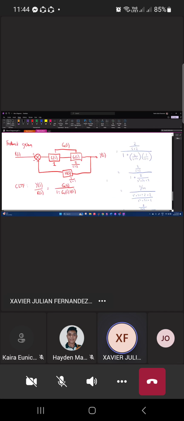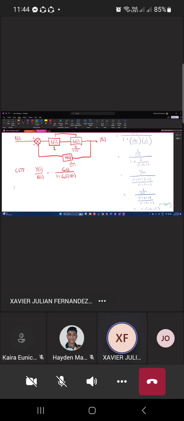Now we also have what we call the forward path transfer function. The forward path transfer function is Y(s) over E(s), the error signal, which is simply C(s) times G(s).